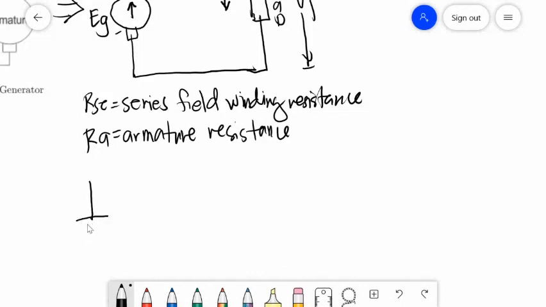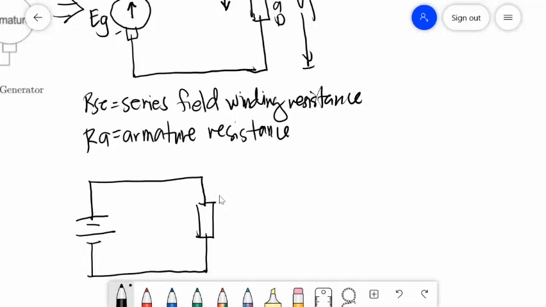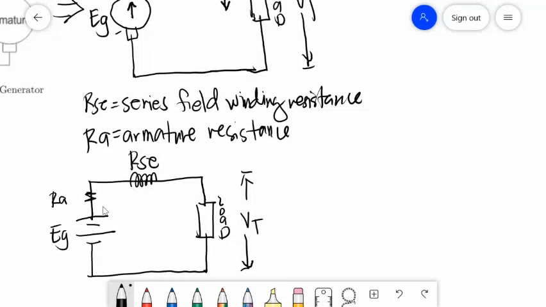Let's redraw this into a battery generator. This is your load, terminal voltage across the load. That is RA, internal resistance or armature resistance, EG, and RSE. So, IA, ISE, and IL.